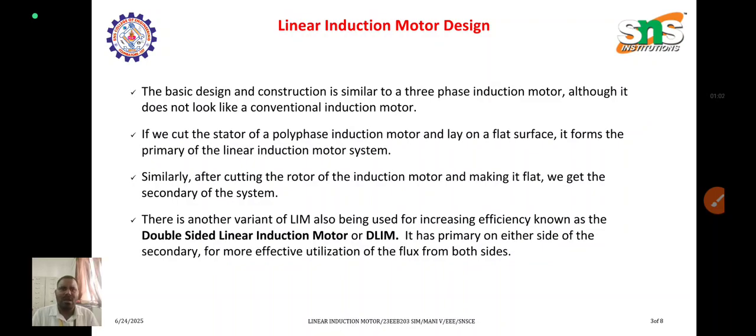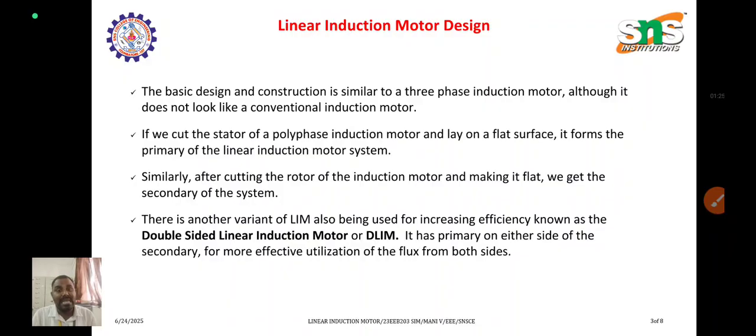When we compare it to the ordinary three-phase induction motor, the construction and operation are everything similar, but the appearance is not like the conventional induction machine. Similar to the conventional induction machine, it has a stator as well as a rotor.